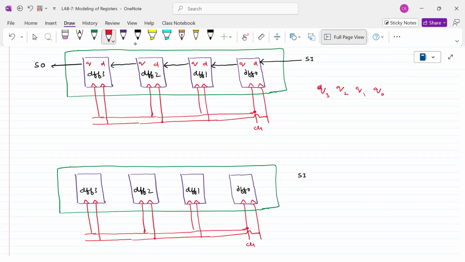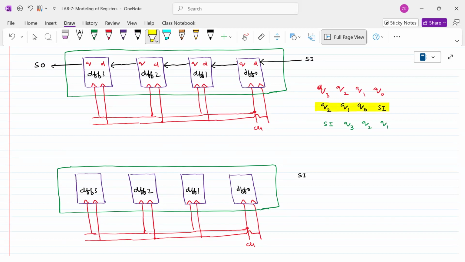While shifting, what will happen? The first flip flop will be filled with SI. The second flip flop will get Q0, and the output of this one comes here in this way. For the shift right operation, this is the serial in here, and this is Q3, this is Q2, this is Q1. Somehow we are able to get that.